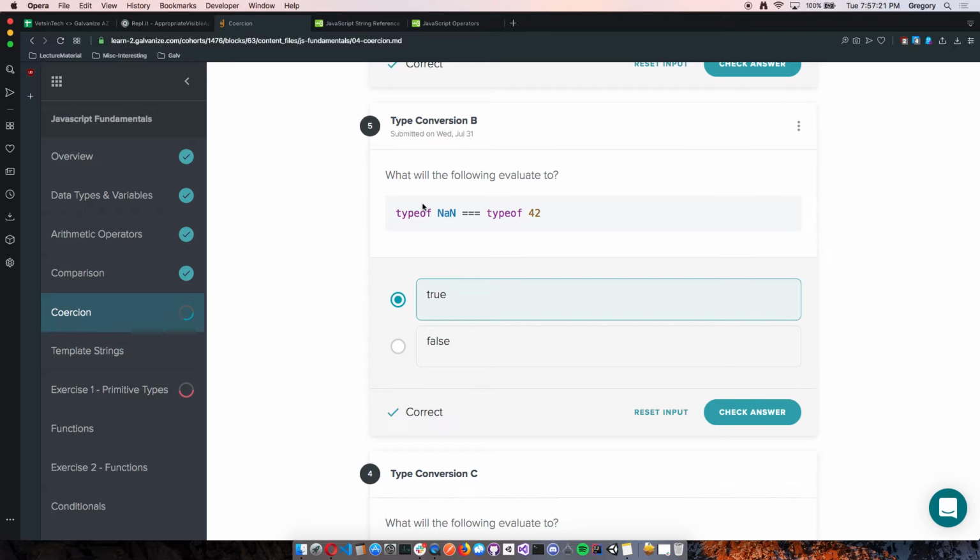If you recall, I was talking about how not a number is still represented as the data type of a number. The data itself is not a number, but in the way it's used, it gets turned into NaN because of a mathematical operation or something. JavaScript considers that a data type of a number still, even though it's technically not a number. So yes, the type of not a number is a number, and the type of 42 is a number.